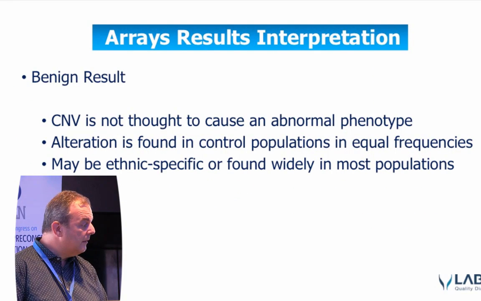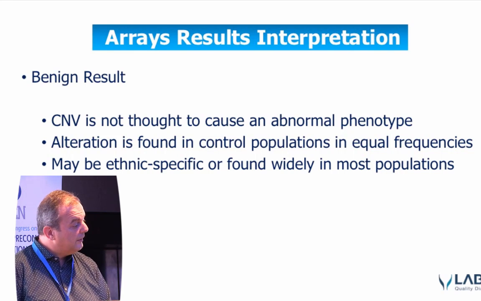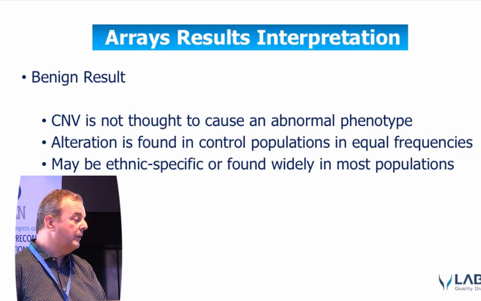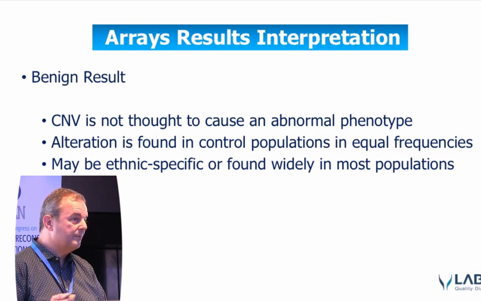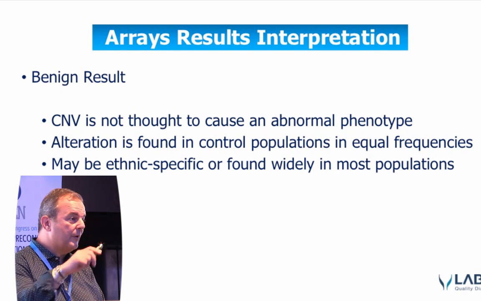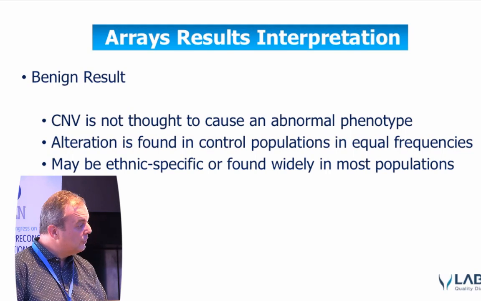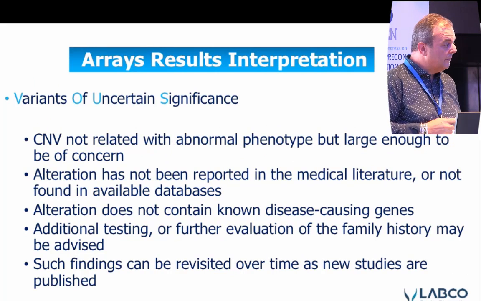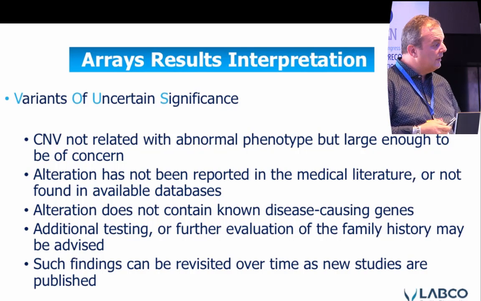Benign results, well, this means that the CNV is not thought to cause an abnormal phenotype. The alteration is found more frequently in control populations. Well, there are more frequent polymorphisms like this in different populations. And then the last, which is the main issue in prenatal diagnosis, is results of uncertain significance.